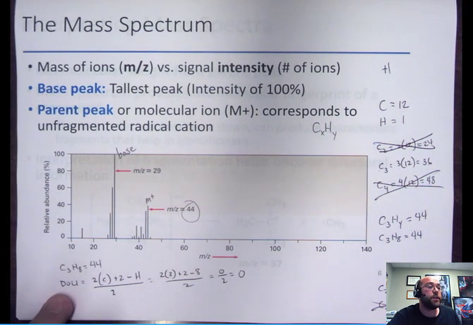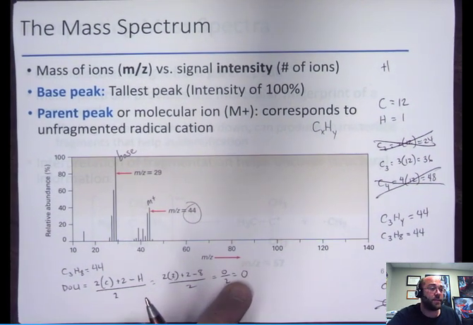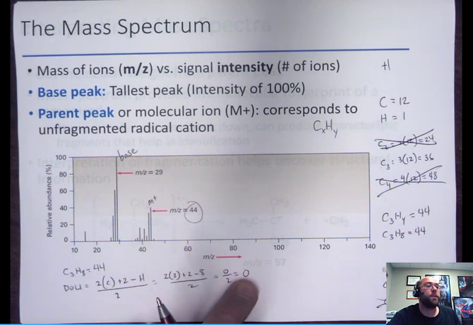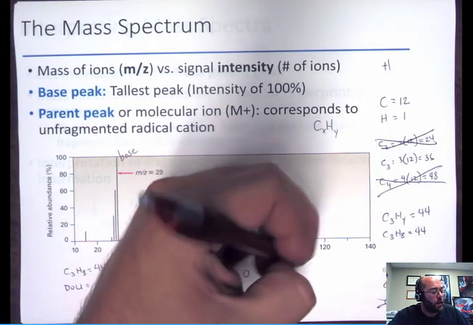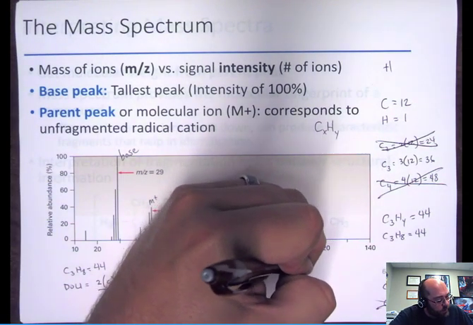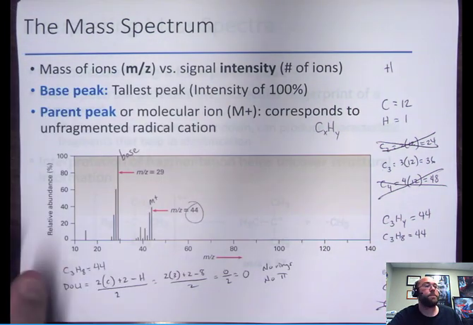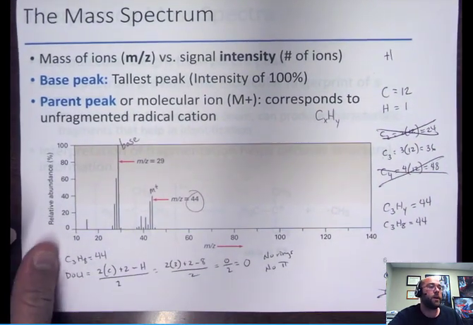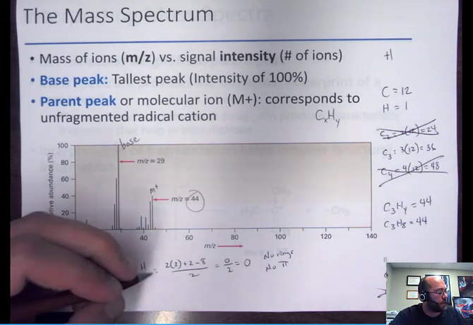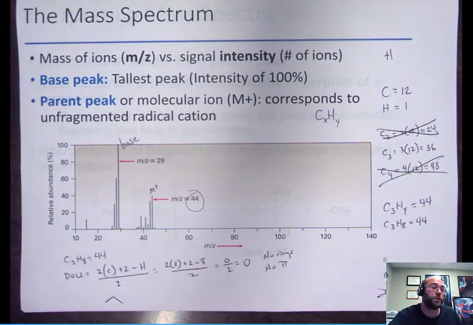So this has a DOU of 0, which tells me how many pi bonds and or rings are present. With a DOU of 0, that means no rings and no pi bonds. From there I can estimate what I can get for C3H8: something like a 3-carbon chain.